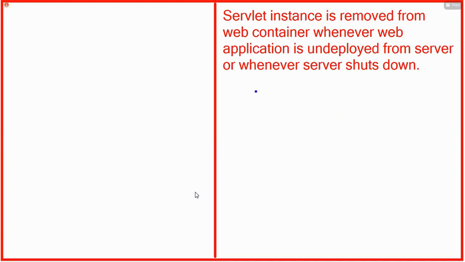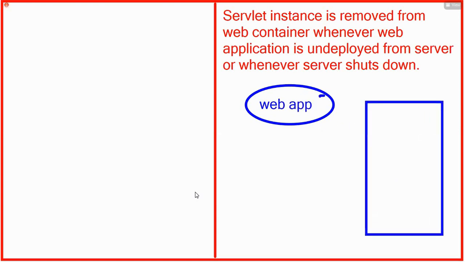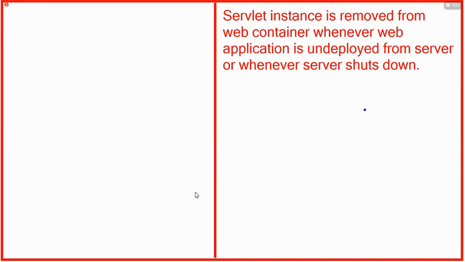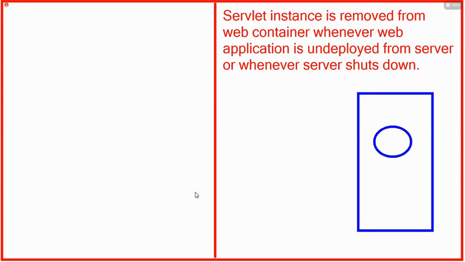Say, suppose you develop one web application. After developing, what will you do? You will place it in the server. It is called deploying. If you remove it from the server, that is called undeploying.